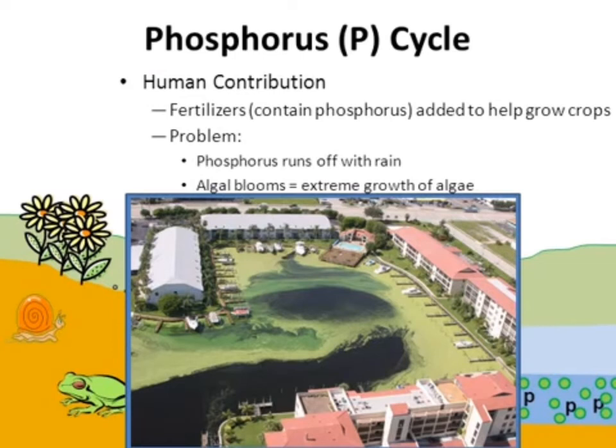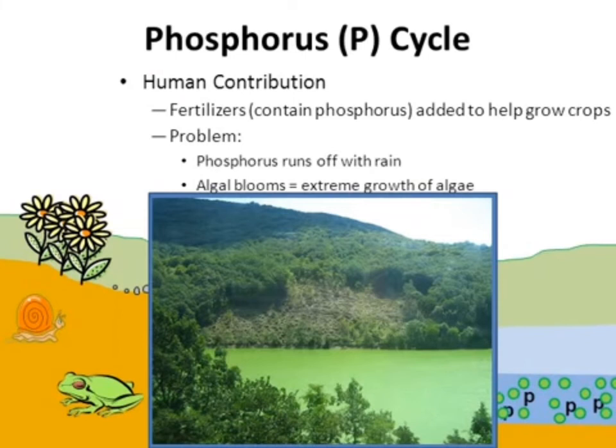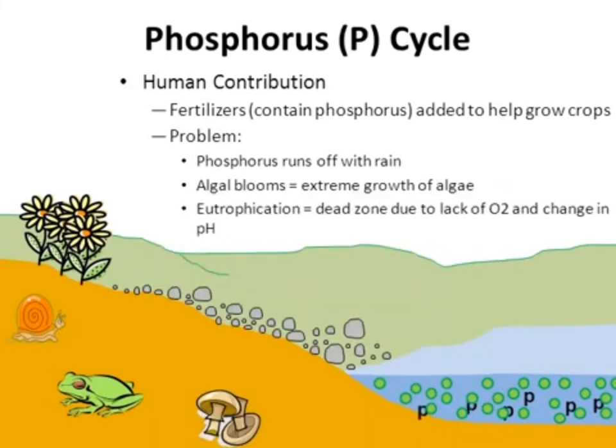The problem it causes is eutrophication. Often what happens to this body of water is it becomes a dead zone. The algae is dense and so thick that it often blocks the sunlight to the plants that live deeper in the water, and they start to die. The bacteria are using all of the oxygen in the water to break down and decompose the algae.